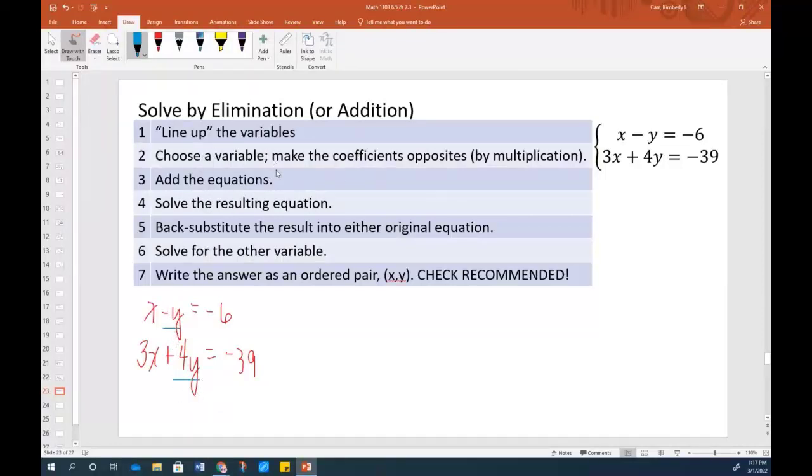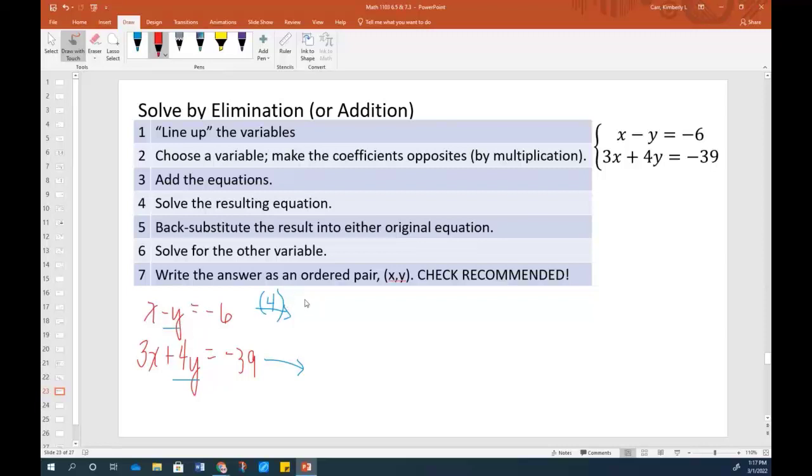So I've chosen the variable in step 2. I want to make the coefficients opposites by multiplication. So I'm going to put little arrows out here for multiplication. If I multiply this top equation by 4, I will end up with opposite coefficients. So not just the y, though.